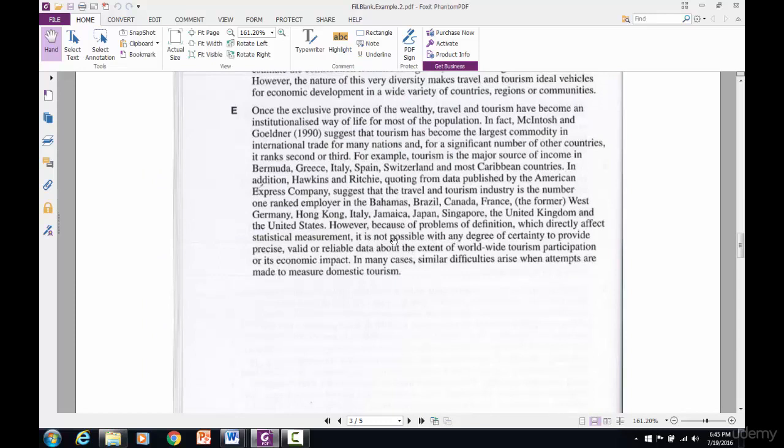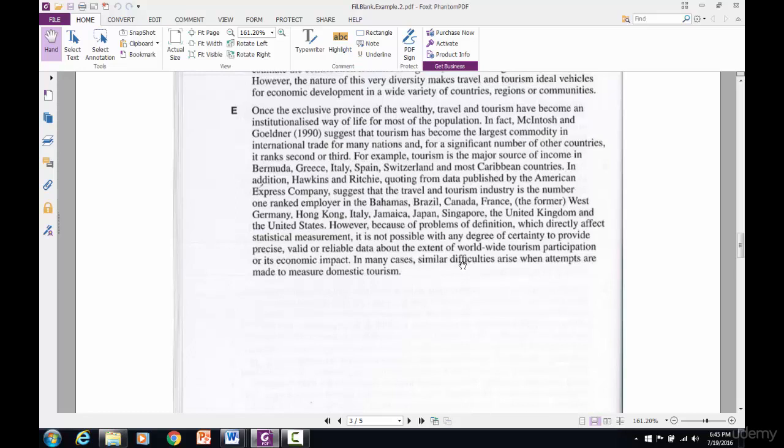Here we go. Here's the word difficulties. Difficulties is a synonym for the word problems. This is the sentence that I'm looking for.